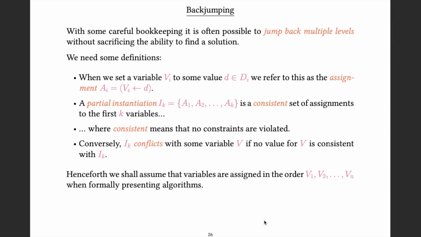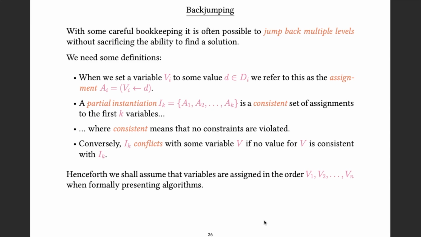Now there's a slight notational difficulty, which is that so far I've labelled variables as being v1, v2, v3 and so on up to vn. Now I have to talk about assigning variables in a particular order. In order to do that, I'm going to do something a bit naughty and change the notation. So now I'm assuming that variables are assigned in order v1, v2 up to vn.